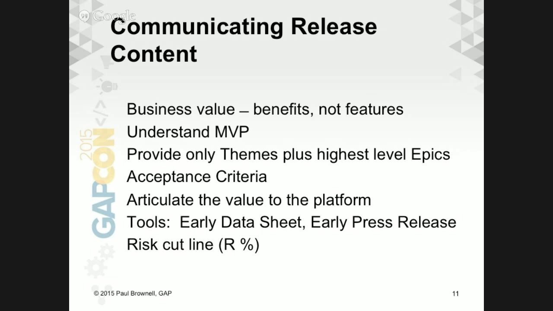So if I was way behind and I had to throw something else overboard, what would it be? And those things would be below the cut line. And if I would delay the release, I would say, nope, it's just going to have to be November or December because this has to be in there, then those things are above the cut line. You would keep them in the release.